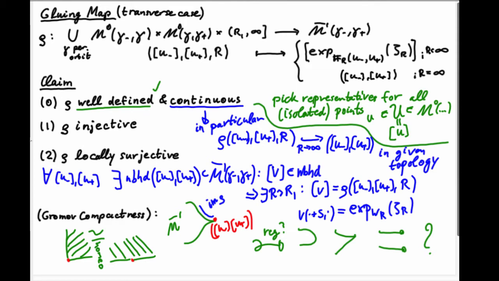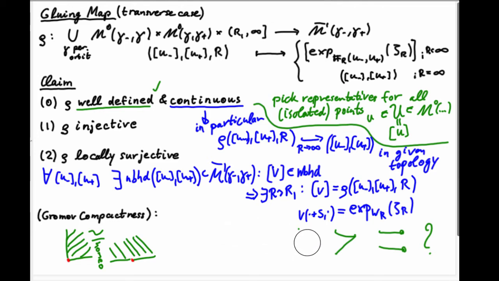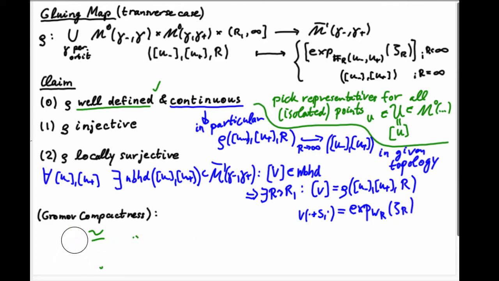So, I guess in terms of the gluing map, the statement of Gromov compactness now becomes easier.